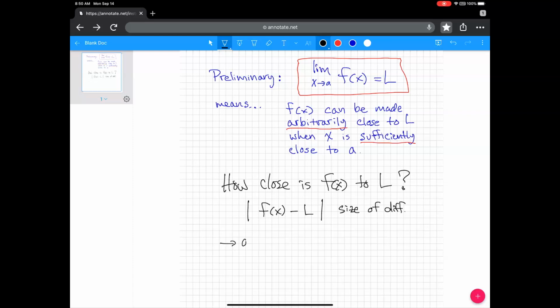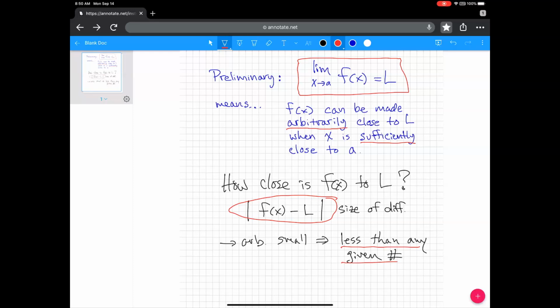And so arbitrarily small implies less than any given number. So the way we can be more rigorous about describing that f of x can be made arbitrarily close to some number L is by saying that the difference between the two in absolute value can be made less than any given number.